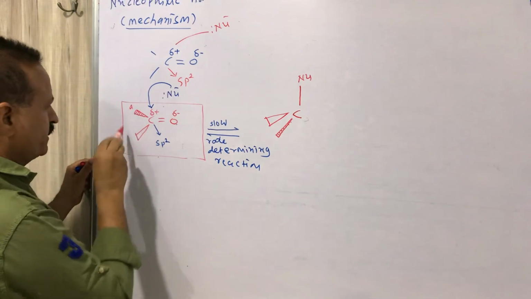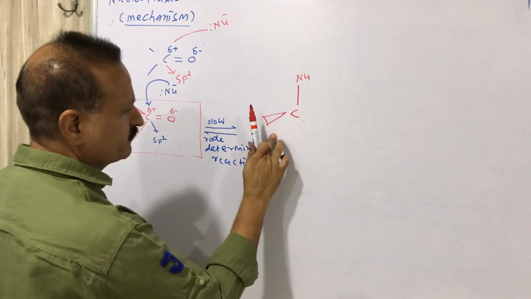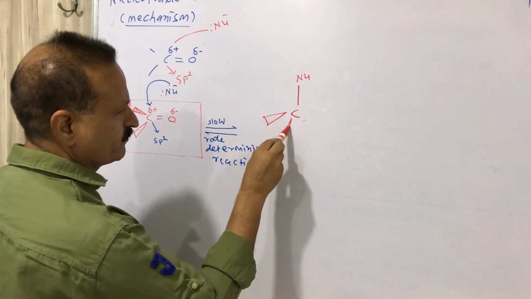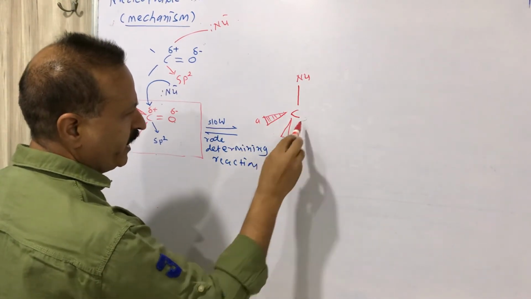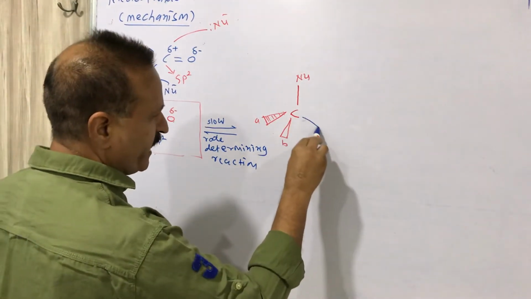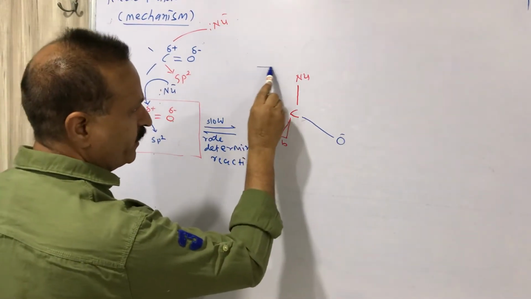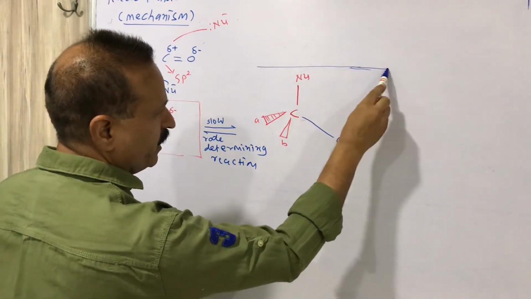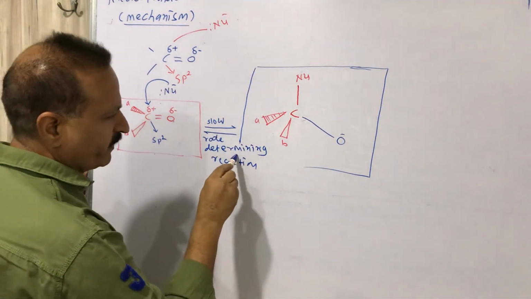This is A, this is B, and here is the oxygen. The pi bond of oxygen will be attracted towards the oxygen and the oxygen will be pushed out from the plane.